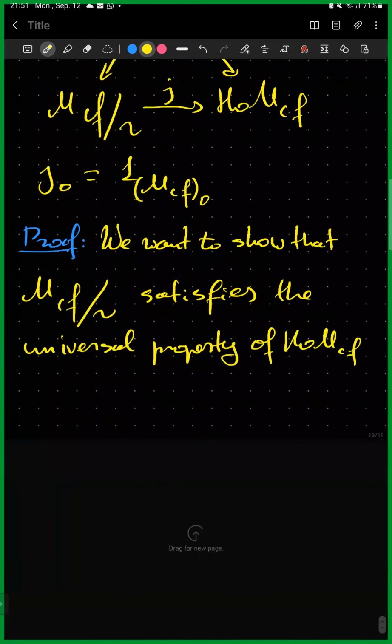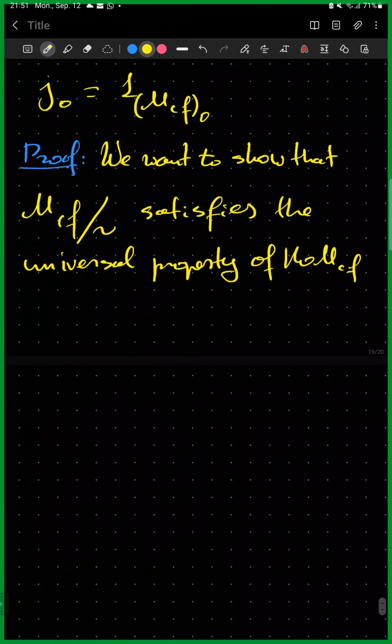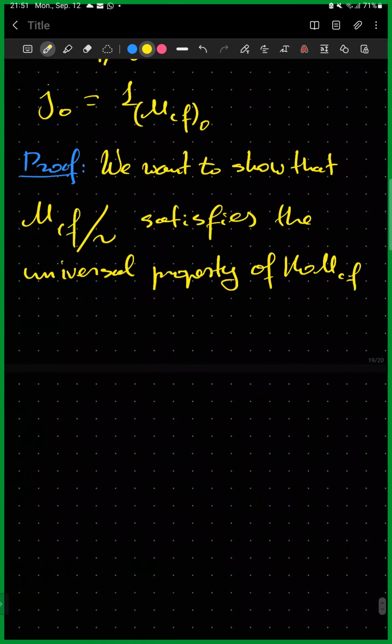So we see that delta maps homotopy equivalences to isomorphisms.